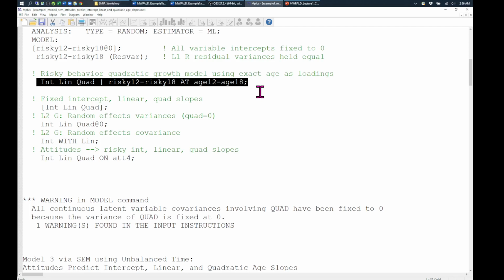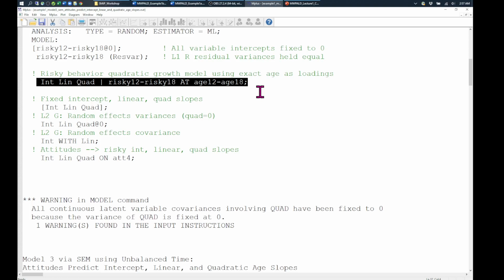Many times in the past when I asked in the Mplus forum, he answered, just do a complex model. Type equals complex? Yes. I'm going to disagree with him on that.